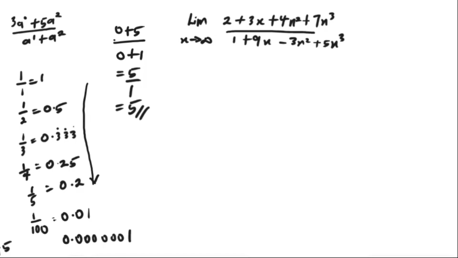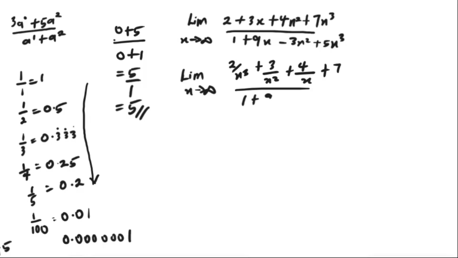You identify the highest power here, which is x raised to the power 3. So this gives us the limit as x tends to infinity of 2 over x raised to the power 3 plus 3 over x squared plus 4 over x plus 7, divided by 1 over x raised to the power 3 plus 9 over x squared minus 3 over x plus 5.